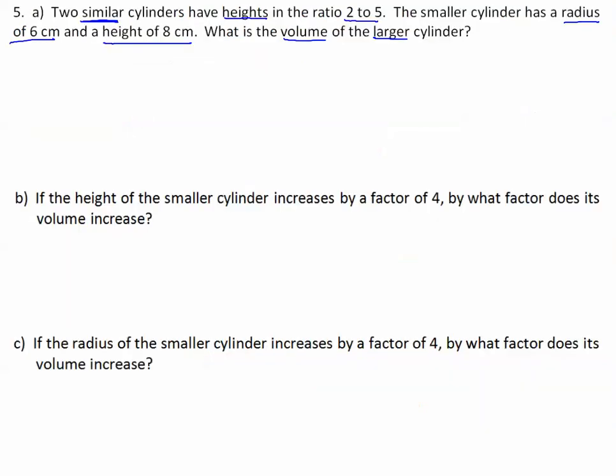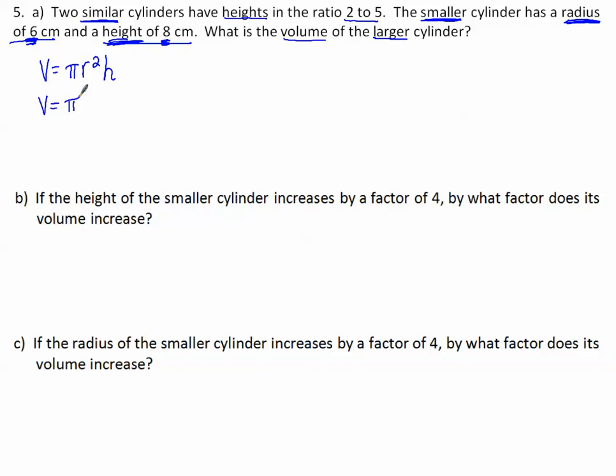So coming back to this problem, we're going to write down volume equals pi r squared h. Now what they gave me is the smaller cylinder's dimensions. The smaller cylinder has a radius that is 6 and a height that is 8. It wouldn't hurt to find that volume first.